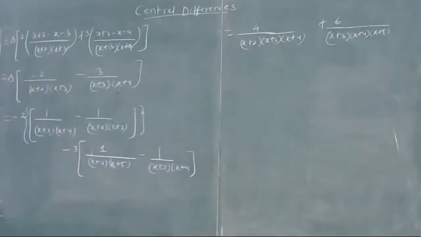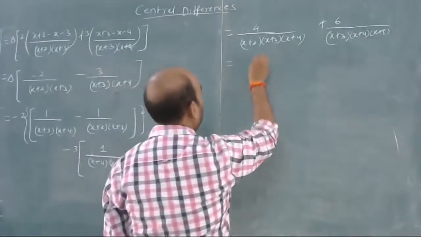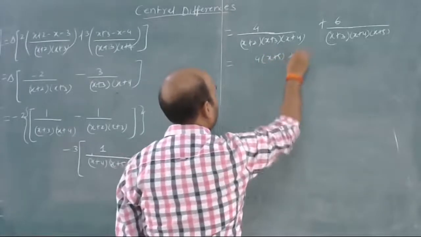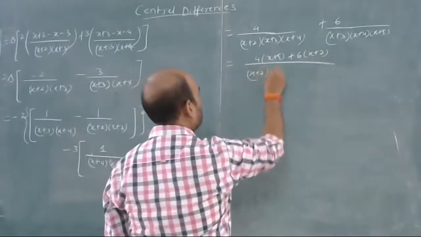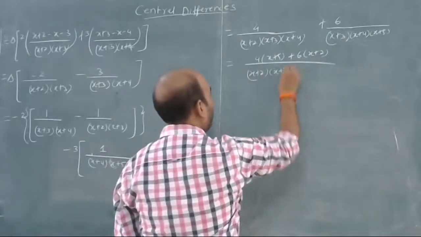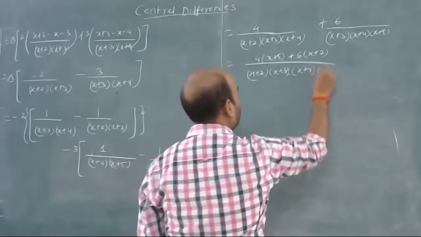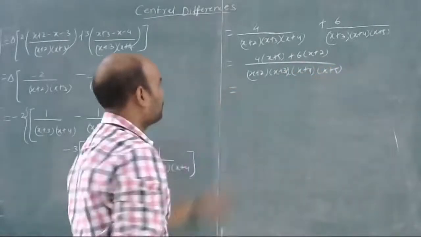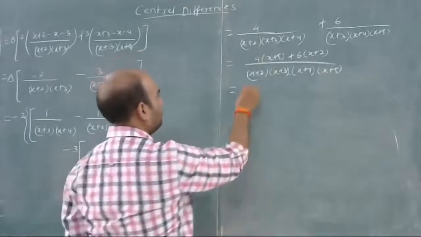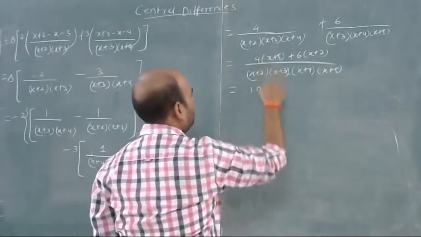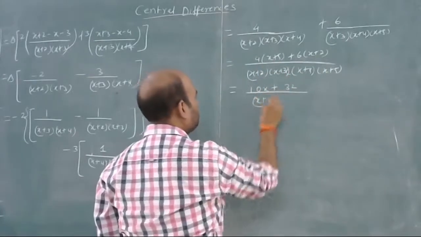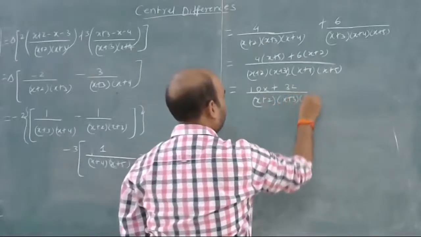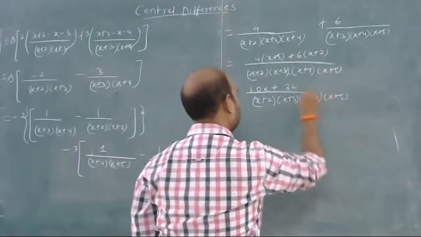So this will be equal to 4 into x plus 5, plus 6 into x plus 2, divided by x plus 2, x plus 3, x plus 4 and x plus 5. So this is 10x plus 20 plus 12, 32, divided by x plus 2, x plus 3, x plus 4 and x plus 5.